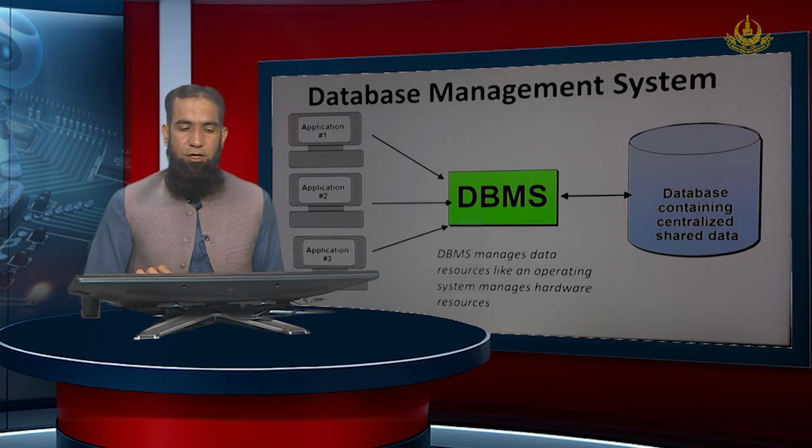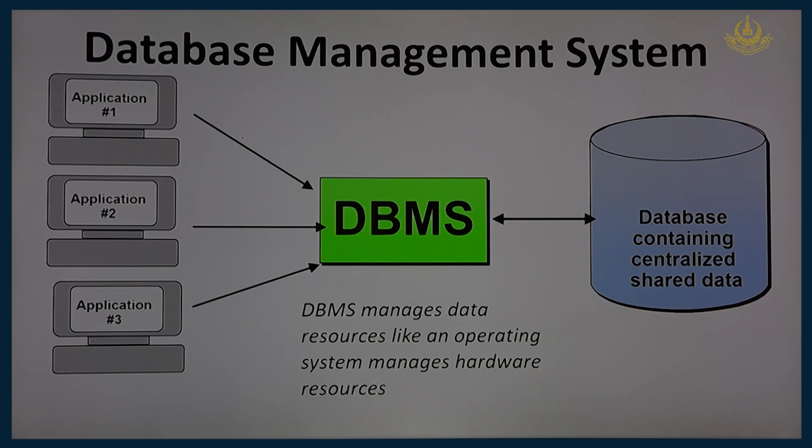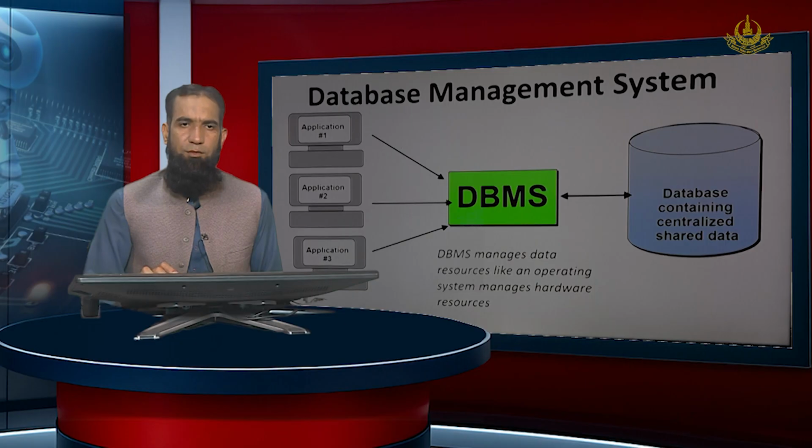A database management system is one software that manages multiple applications. For example, we create one database for a library management system, one database for a student enrollment system, one database for a teachers management system. So all these are applications. All these applications are created and managed by a single database management system.